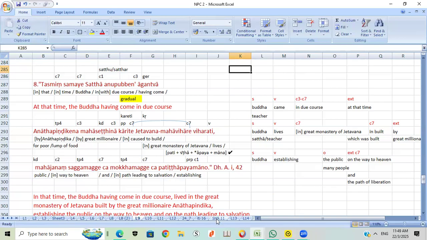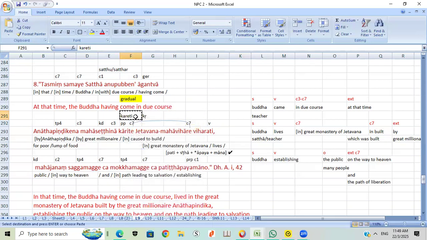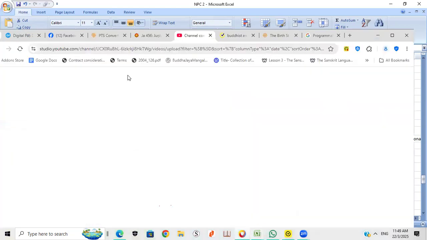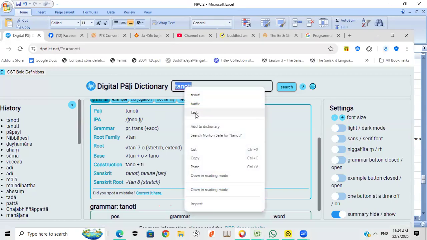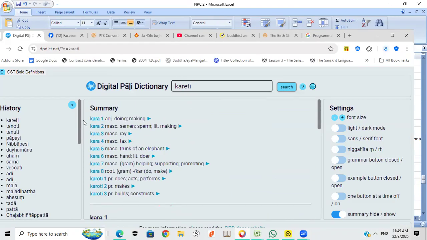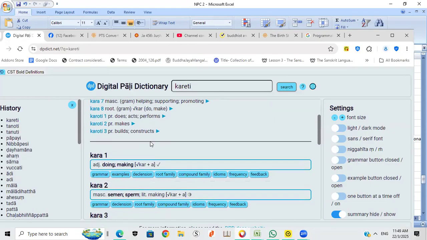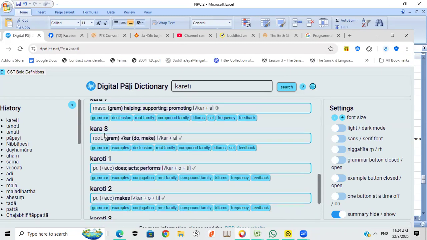So what we do is, you take this. Okay. Kr. Karate. Because it cannot be karoti. Karate. There is a word for it. So you see. Where is it in my dictionary? So you will take any one of these 1, 2, 3.